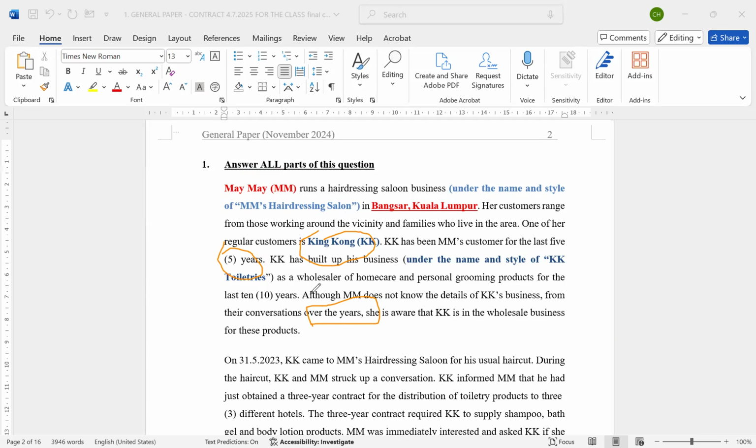And then during the conversation, MM actually does not know the details of KK's business, but through their conversation, he is actually aware that KK is in the wholesale business for these products.